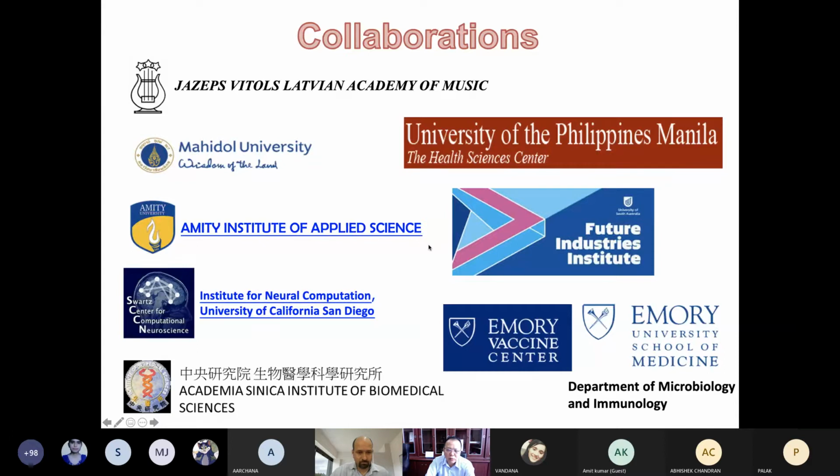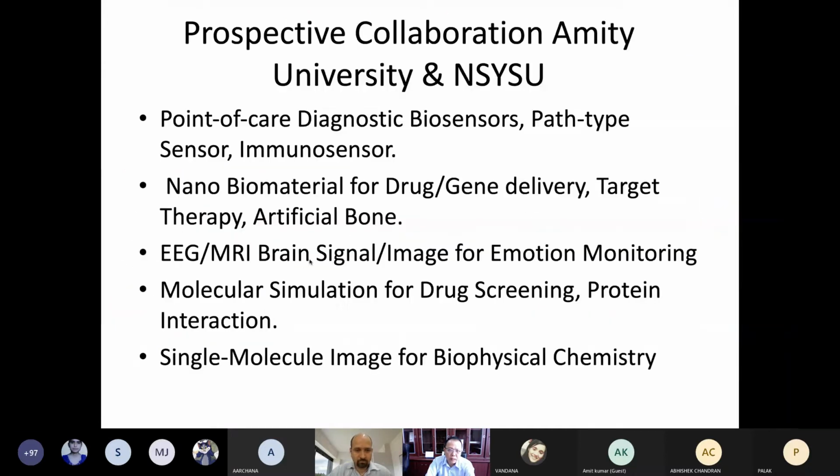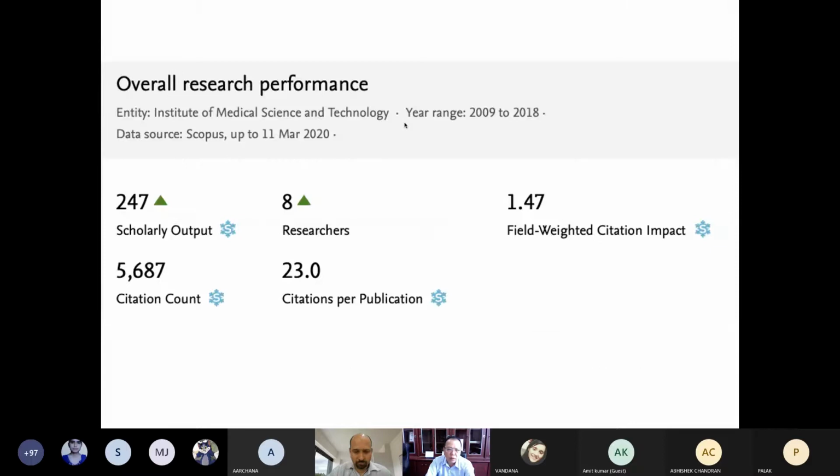We visited your university 2 years ago, I think. And we also collaborate with the main large hospital in the Kaohsiung area. So I think a lot of prospective collaboration could happen with your university in the future.